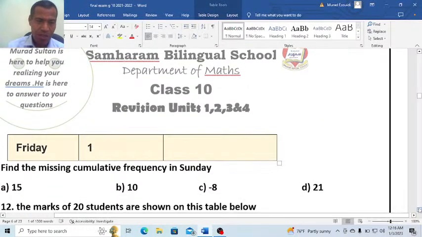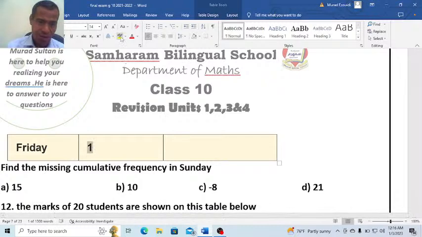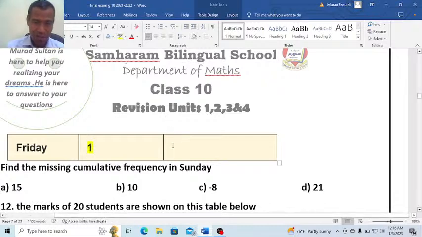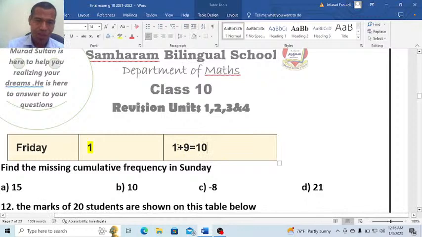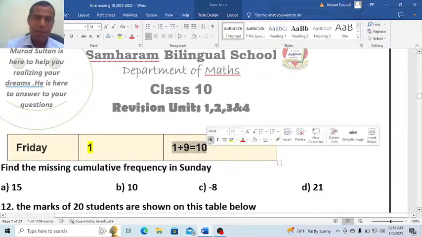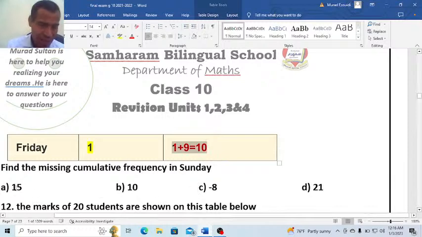Therefore, learners, on Friday, I will just write 1 should be added to 9, so 1 plus 9, in fact, is equal to 10. Therefore, for the missing number, is it 15? No, false.